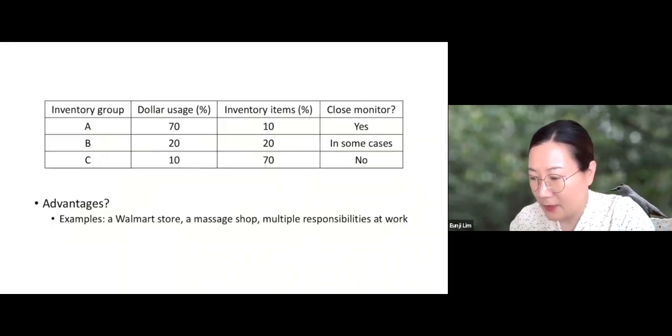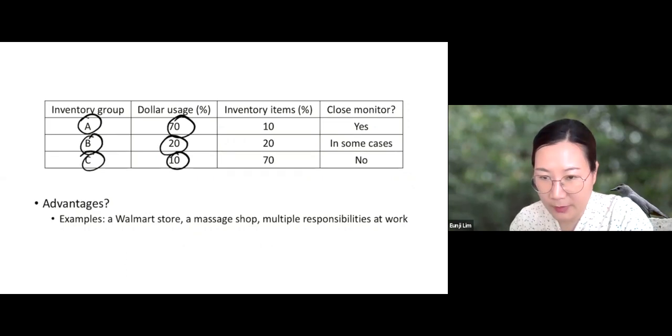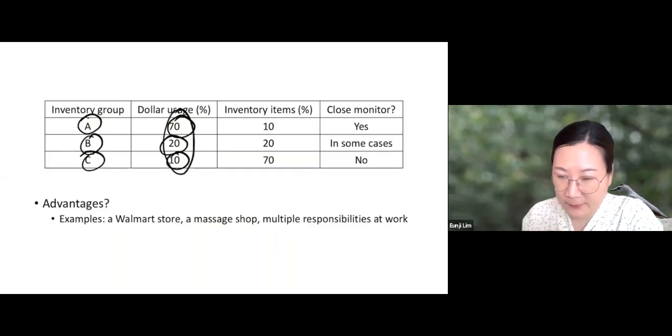So to summarize, the A items represent 70% of the dollar usage, B items represent 20%, C 10%. These percentages may vary from one case to another.